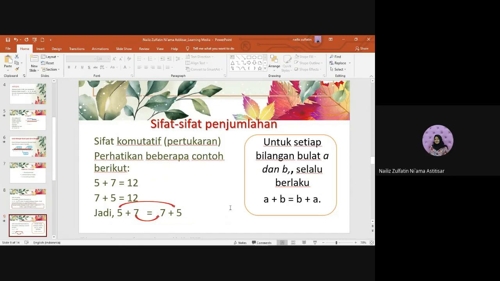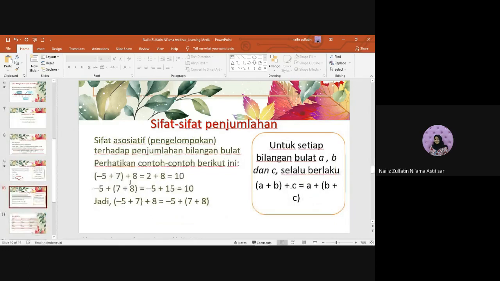For any integers a and b, it is always true that a plus b is the same as b plus a. Jadi, untuk sifat komutatif atau pertukaran, 5 plus 7 sama dengan 12, dan 7 plus 5 sama dengan 12. Sama, antara 5 plus 7 dan 7 plus 5 hasilnya sama-sama 12. Jadi, untuk setiap bilangan bulat A dan B, selalu berlaku A plus B sama dengan B plus A.